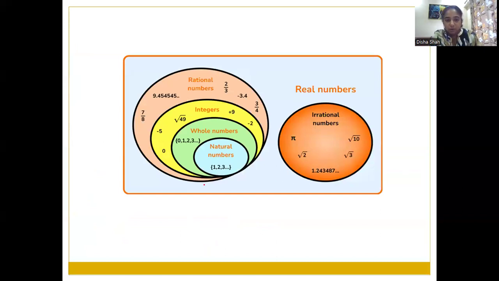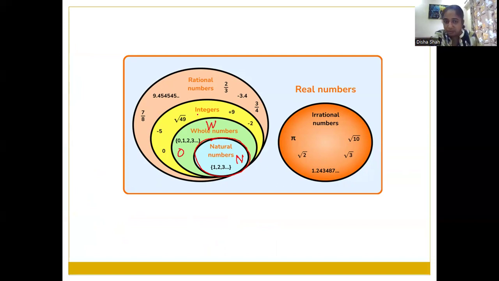So you can see here that अगर हमें इन नंबर्स का एक वेन डायग्राम बनाना है तो किस तरह से बनेगा? तो सबसे अंदर आएंगे नेचुरल नंबर्स, 1 2 3 4 वाले नंबर्स. उसके ऊपर आते हैं होल नंबर्स, where 0 is also included.